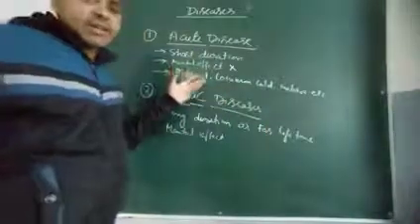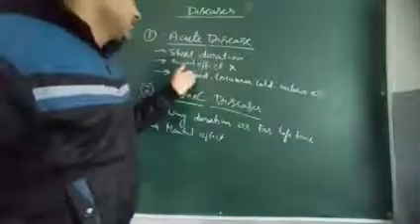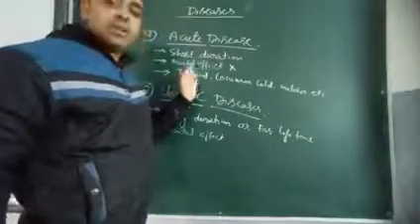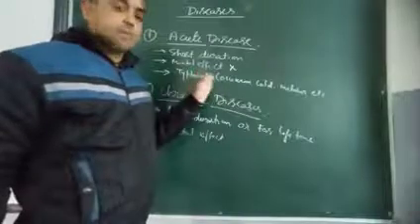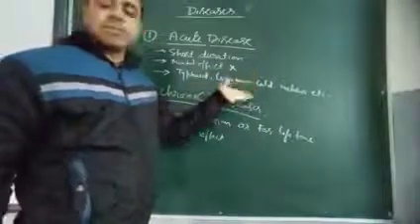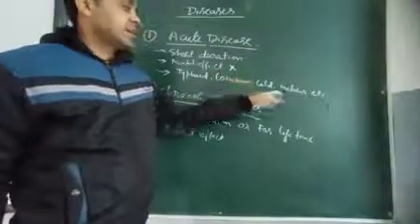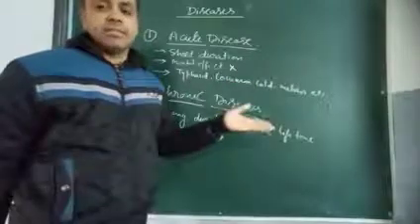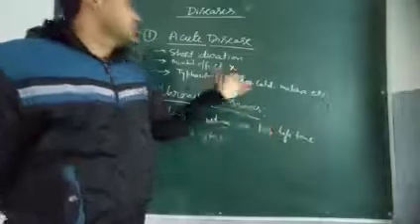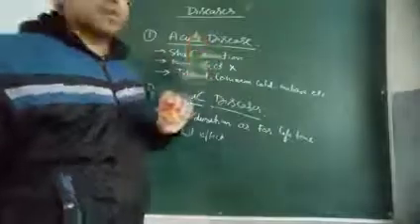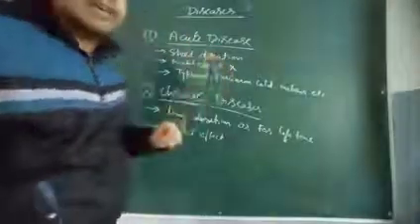Typhoid can be cured within 10, 11, or 13 days. Similarly, common cold can be treated in 3 or 4 days. Malaria can also be treated within 1 week. So they are of short duration, and they are classified under acute diseases.